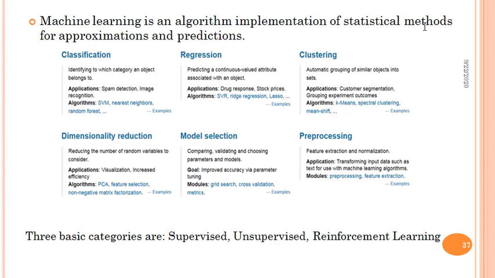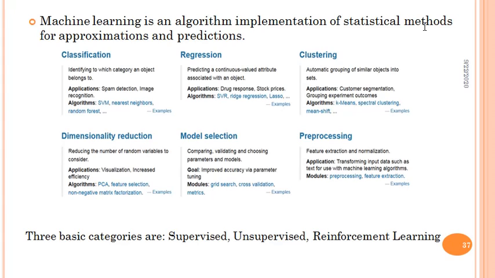In clustering, the target is to perform automatic grouping of similar objects into sets, right? We want to cluster together all the objects which are similar in nature, which have some kind of similarity in their characteristics. We usually use some kind of similarity measures to determine the similarity between different objects.